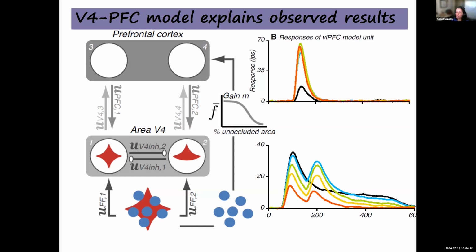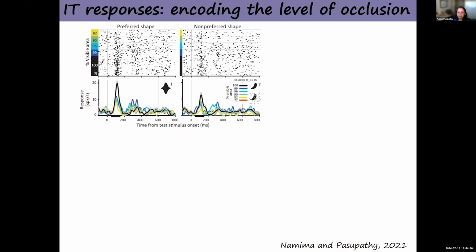We were also interested in understanding what happens in IT cortex, and I'm going to summarize that with just one slide here. It's all published. But basically, in IT cortex, we saw two kinds of responses. The first one is very similar to what we saw in V4, where the responses were strongest to unoccluded stimuli, weaker for higher levels of occlusion, and these neurons are highly shape selective.